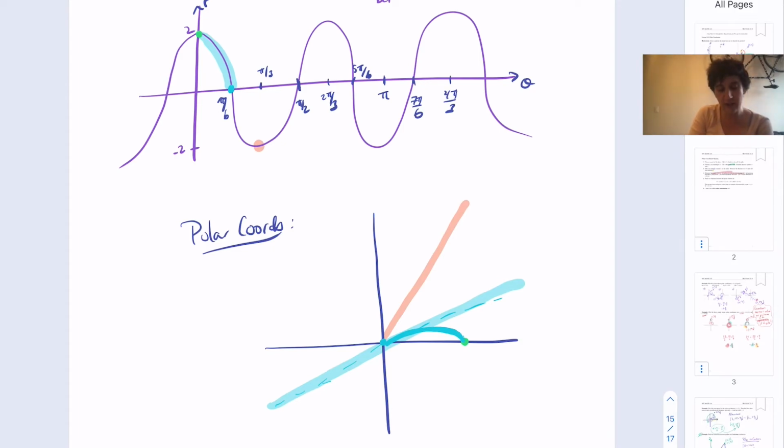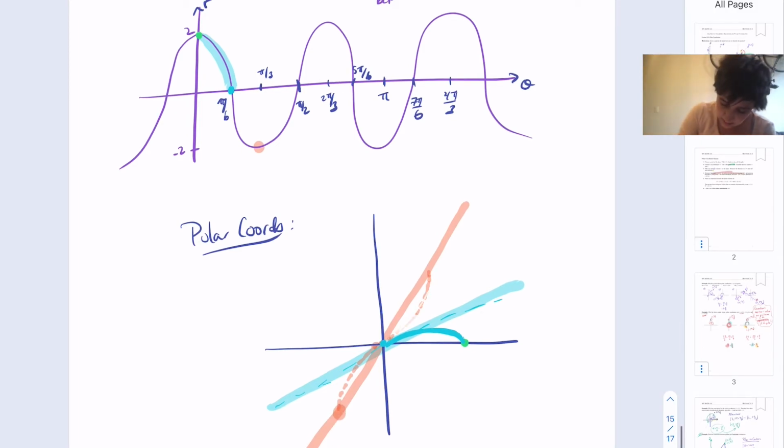But my r values are becoming negative. And so instead of going up like this and getting that high point of positive 2, we're actually sweeping out over here. Okay, and we're getting those ones.